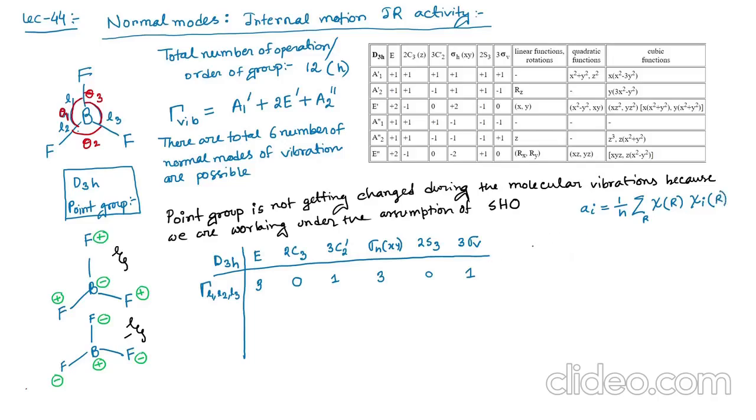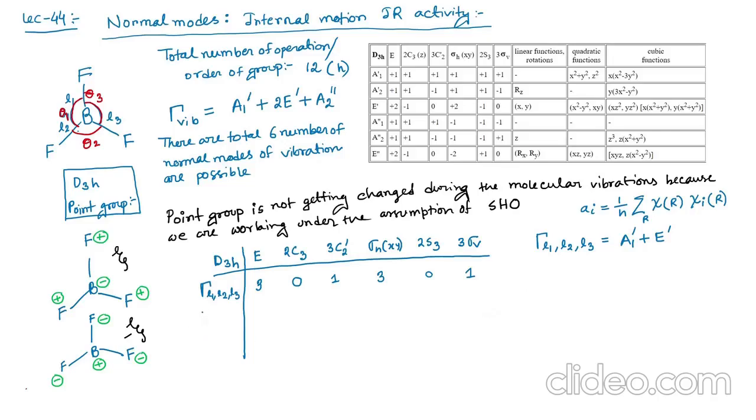If you operate this, you are going to see gamma of L1, L2, L3 is nothing but A1' plus E'. See, it is 3, 0, 1, 3, 0, 1.